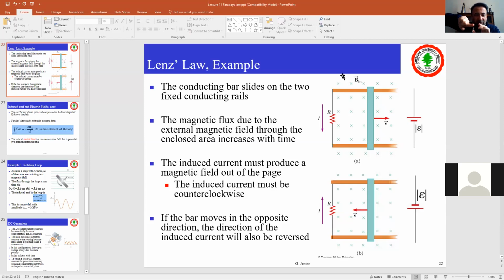But now I want you to focus not on whether it's clockwise or counterclockwise, but on the fact that this loop is perpendicular to B. Whether the bar was moving to the right or to the left, the current I is perpendicular to the magnetic field, thus the electric field is also perpendicular to the magnetic field.